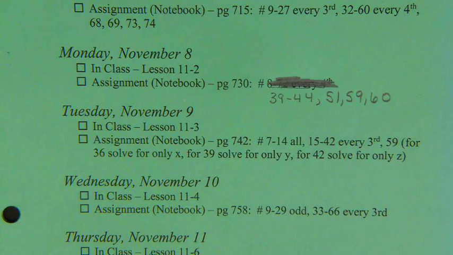It said 8 to 72 every fourth. We're not going to do that. We're going to do 39 to 44. Those are 2x2s. 51, 59, and 60, those are 3x3s. That should be enough for you guys to have had enough practice on this. So 39 to 44, 51, 59, and 60.